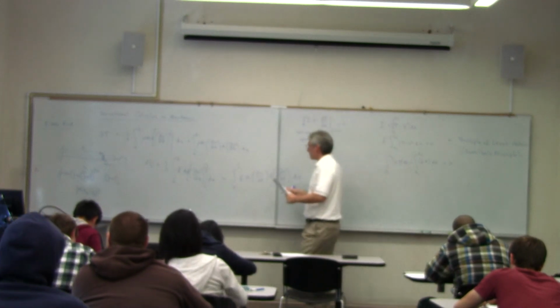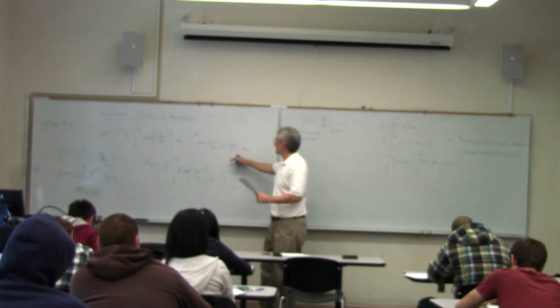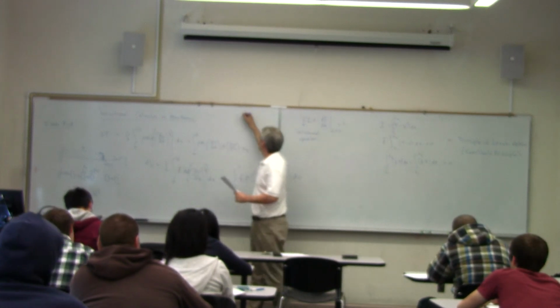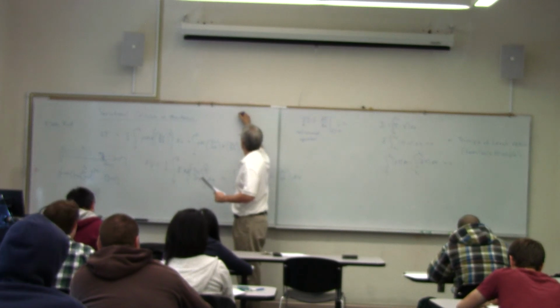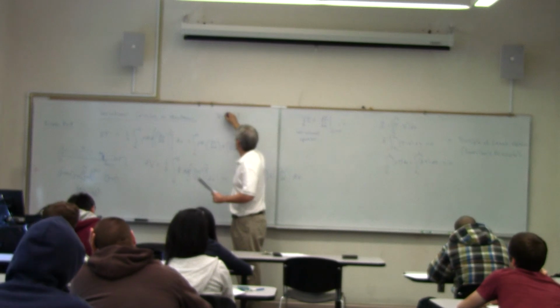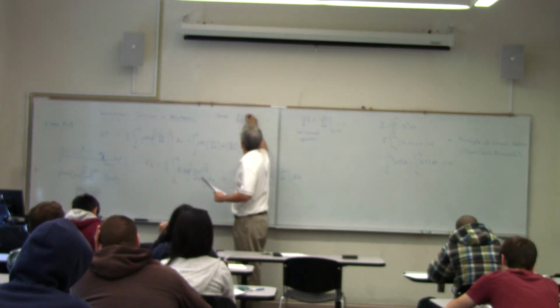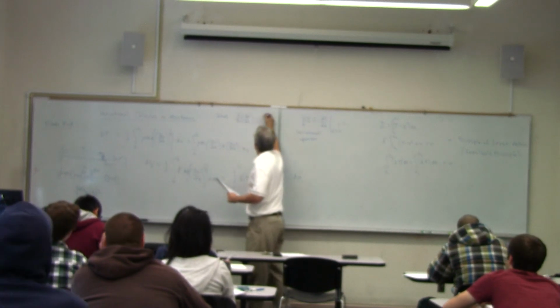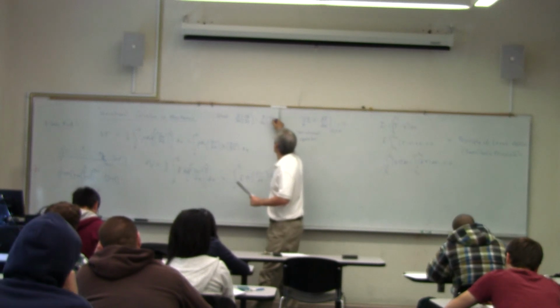And then what we're going to do, so again, delta acts like a derivative. Derivatives of smooth functions commute, right? So if I give you f of x and y, and I do partial with respect to x of partial with respect to y, that's the same thing as partial with respect to y of partial with respect to x.